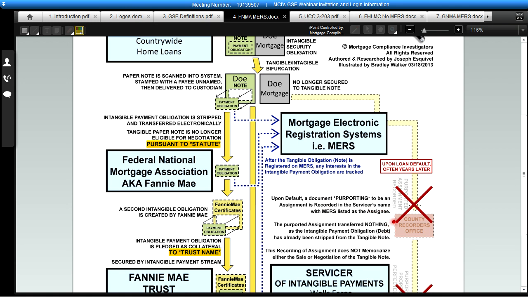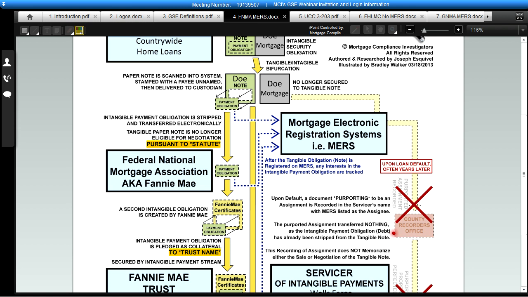They want the parties to believe that the servicer now has an agency relationship with MERS and they are official. Okay? However, the purported assignment transferred nothing, as the intangible payment obligation, the debt, has already been stripped from the tangible note.